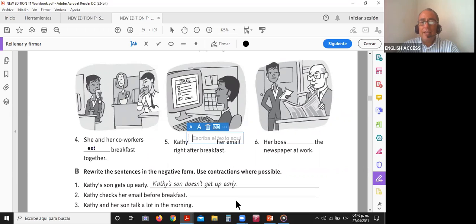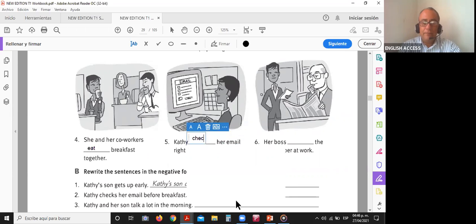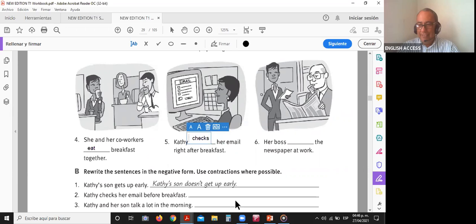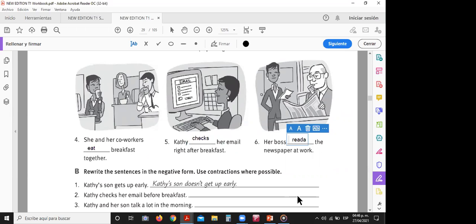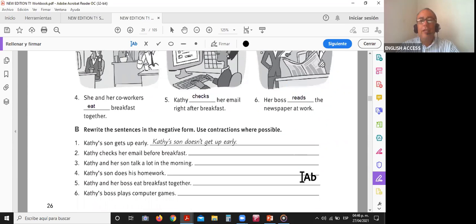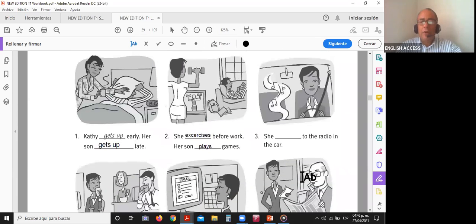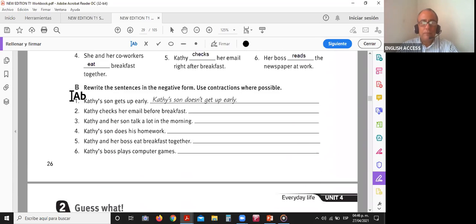Number five, Kathy checks her email, and reads her boss, with an S: reads, because we are changing the verb to third person, remember.